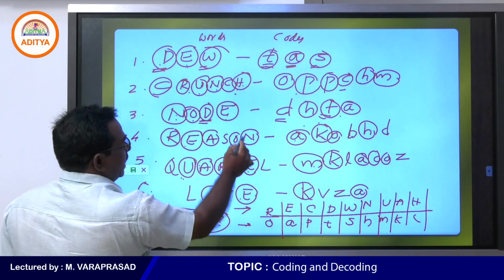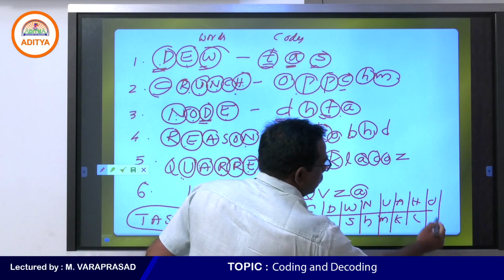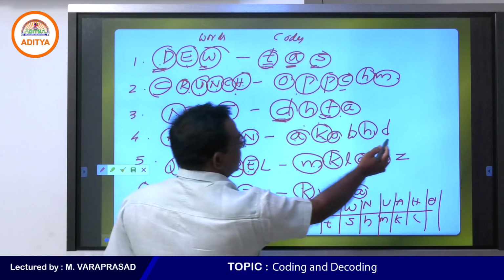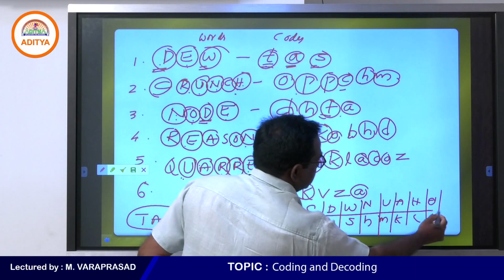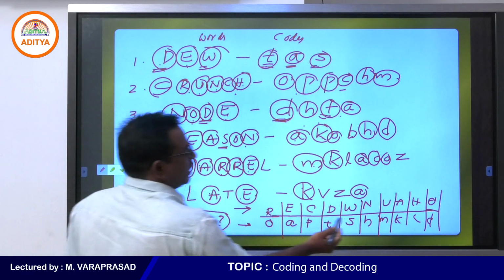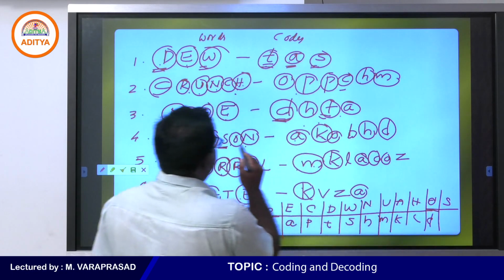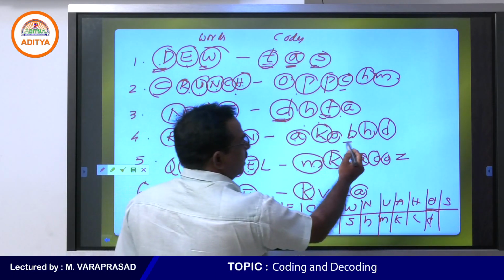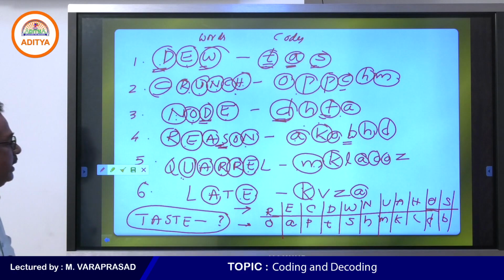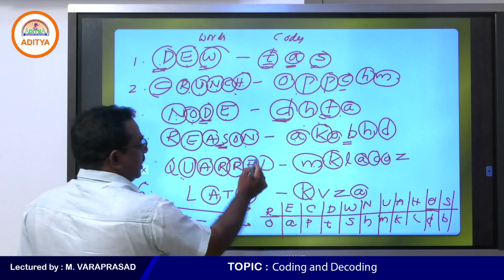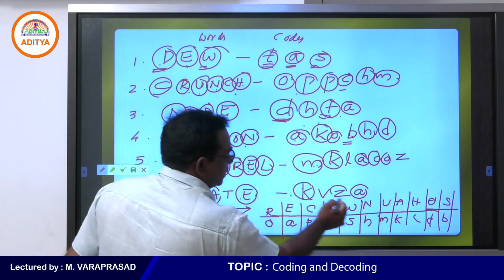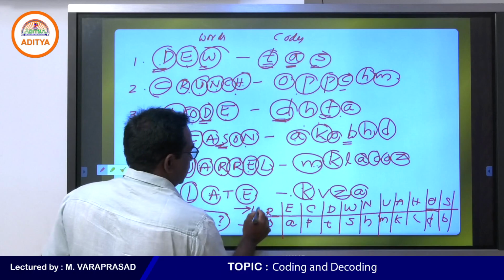So in the place of O we can write D. Still what letter remains? S is repeated here. So S means, only one letter, that is B. S means B. And here another letter L is repeated here and here. So what is repeated here? Z is repeated. L means Z.